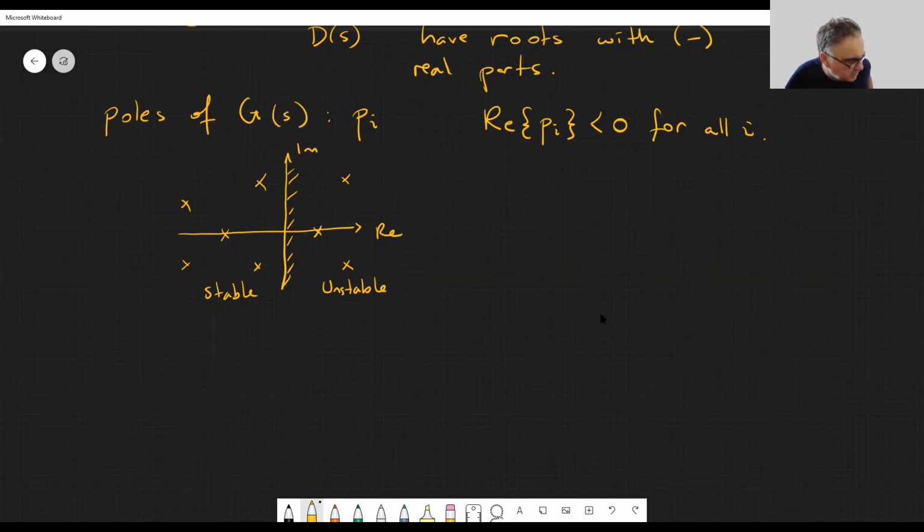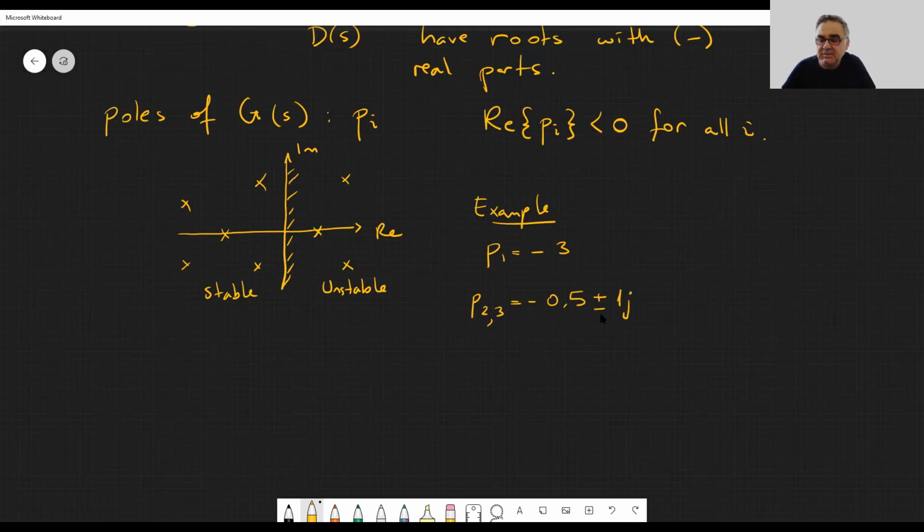For example, if you have a system, let's say, one pole of your system is, let's say, -3, P2, 3 is, let's say, -0.5 plus minus 1j. Okay.